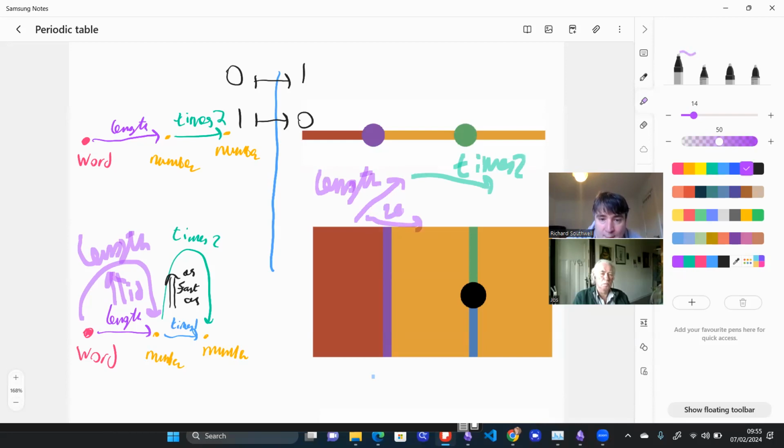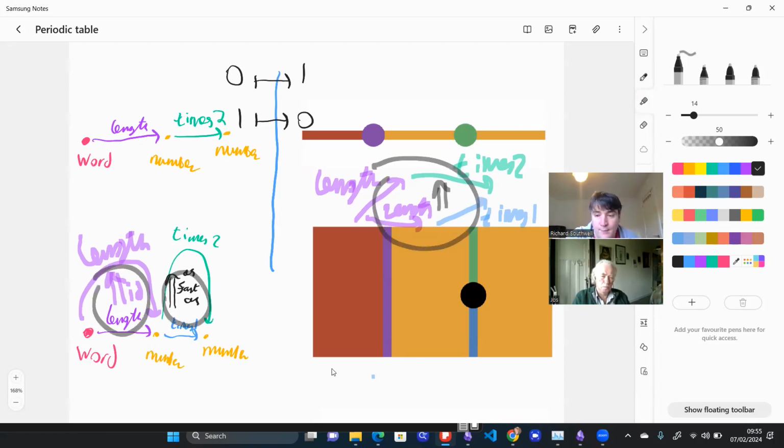At the bottom, we have length and times one. And then we're saying that doing length and then times one is as fast as doing length and then times two. So this is the sort of horizontal composition of these two cells.